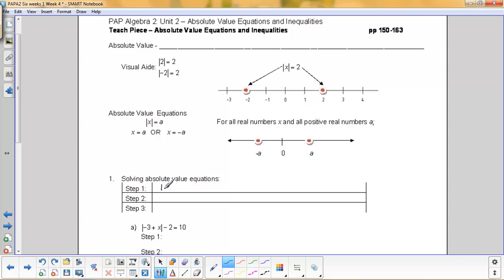Step 1 is to isolate the absolute value. Step 2 is to write 2 equations.